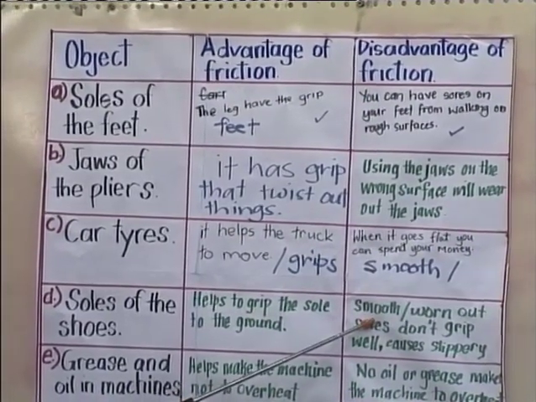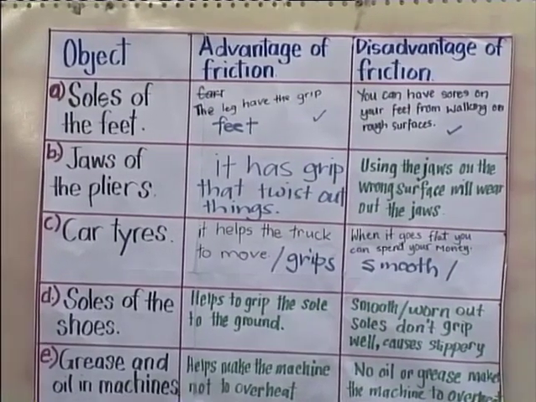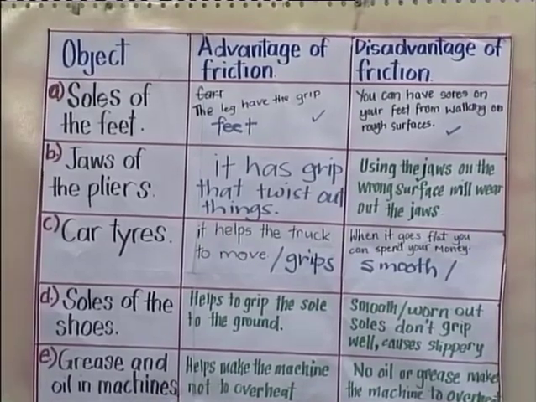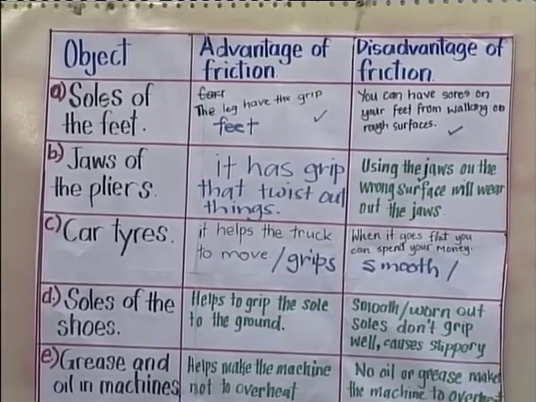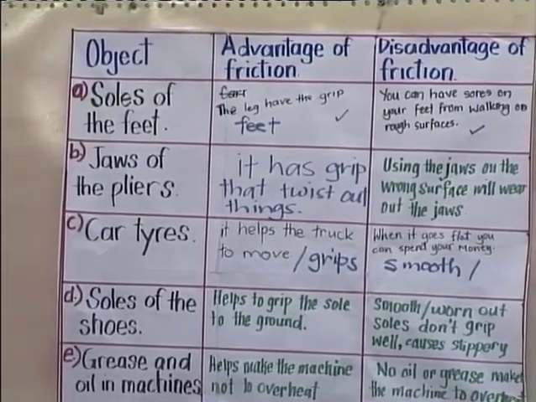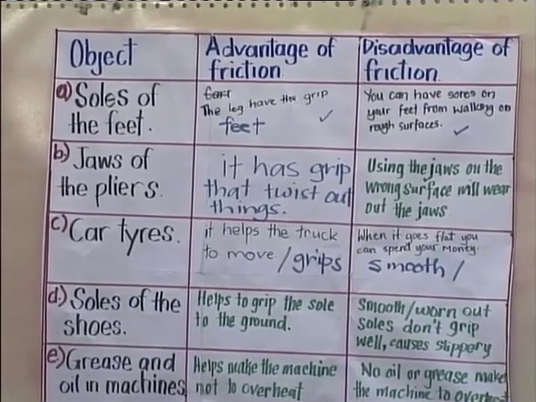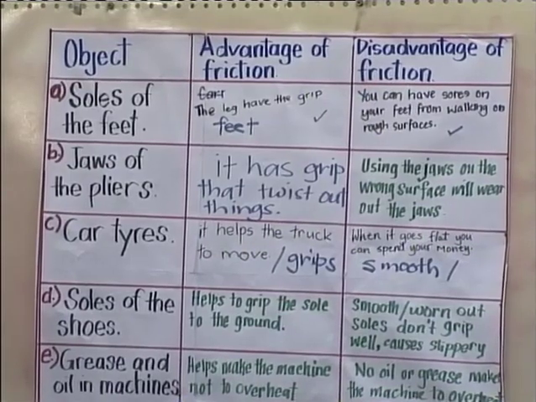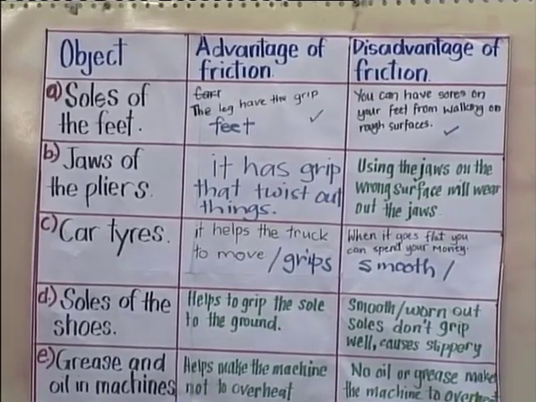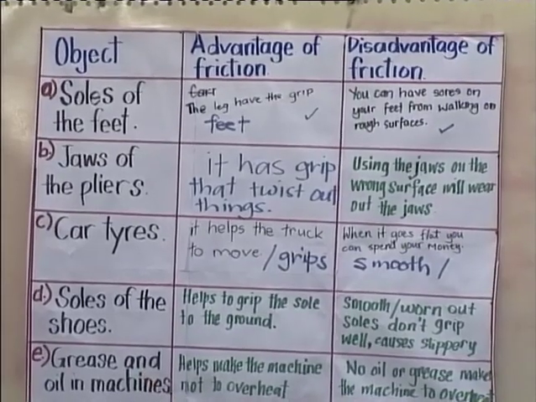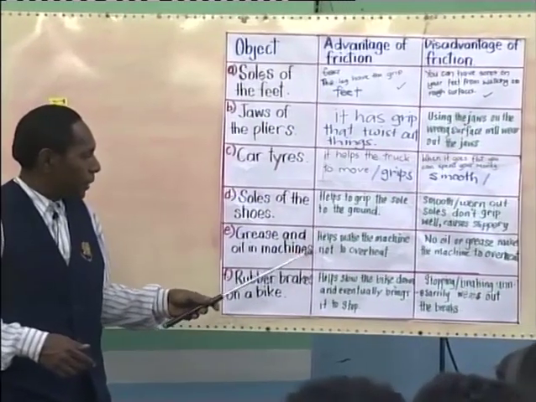The disadvantage there is smooth and worn out soles don't grip well and cause slipperiness. You can slip because it is the smooth part of it. Okay. And of course we had the others there.